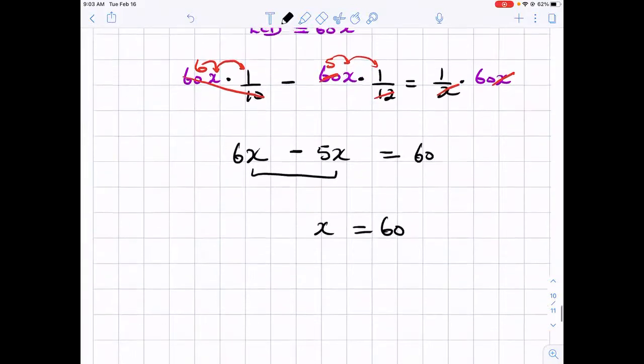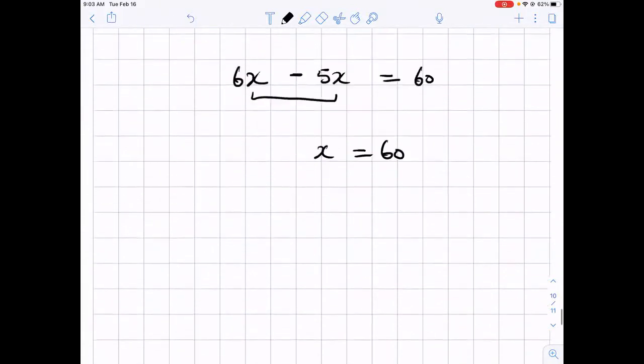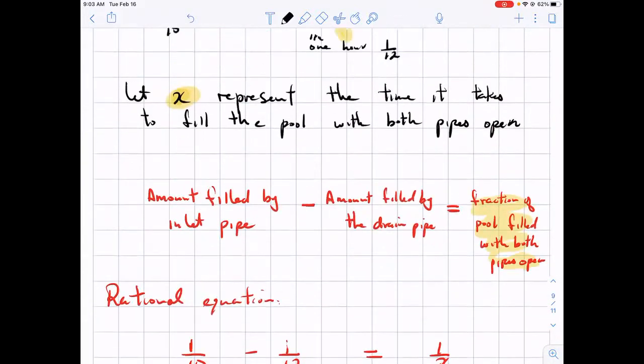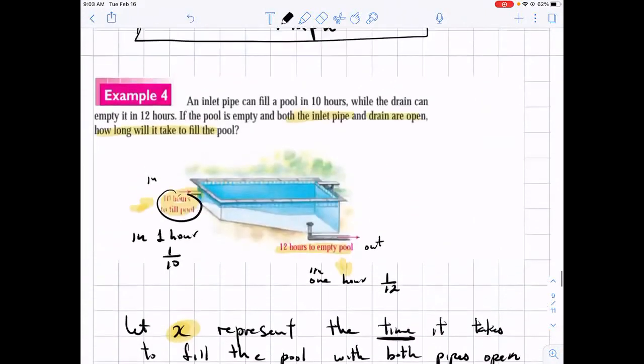Now, you're not finished, right? It's very common that when we get here, we think we're finished. You're not finished. So if you look, what comment did you make? You said let x represent the time. So in this problem, we were talking about hours, 10 hours, 12 hours. So if the pool is empty and both the inlet and drain pipes are open, how long does it take to fill the pool?